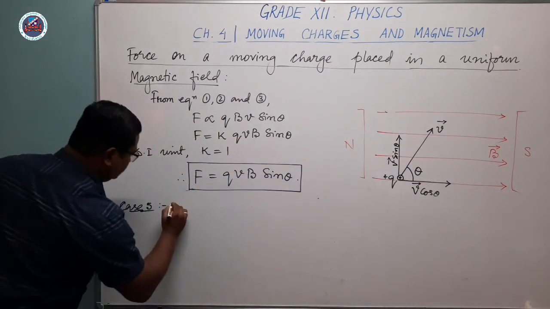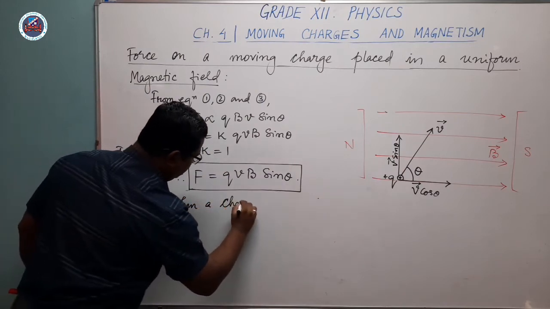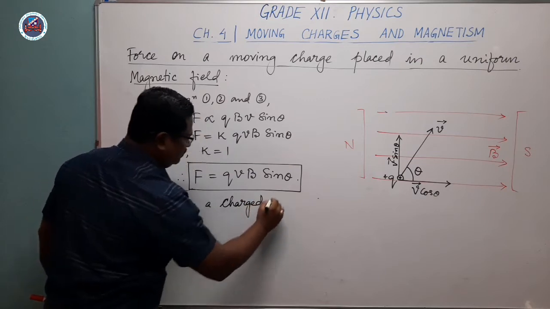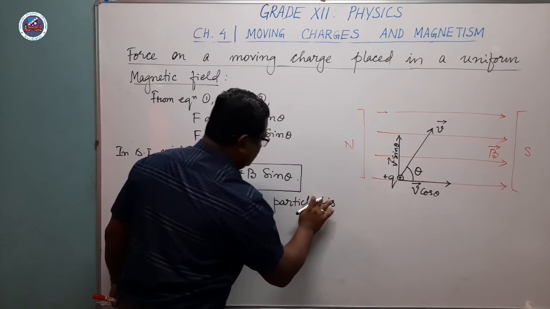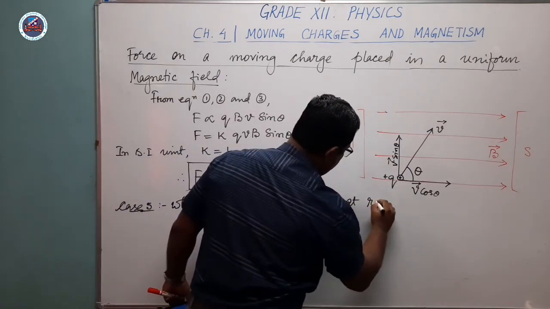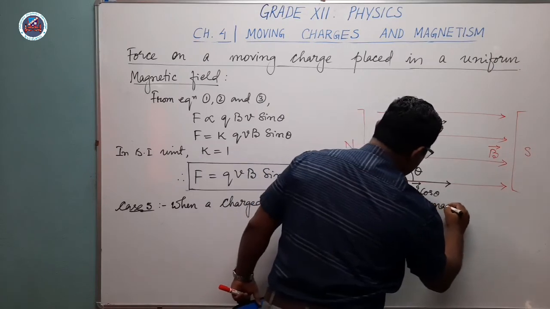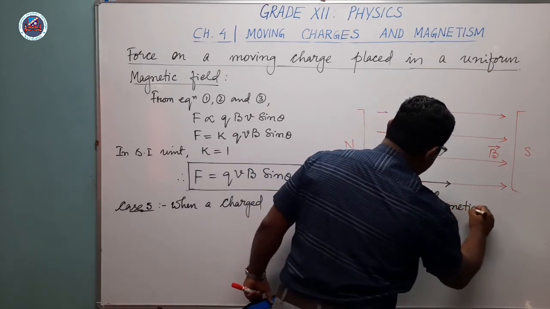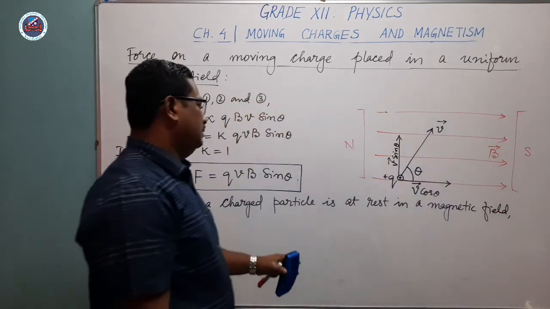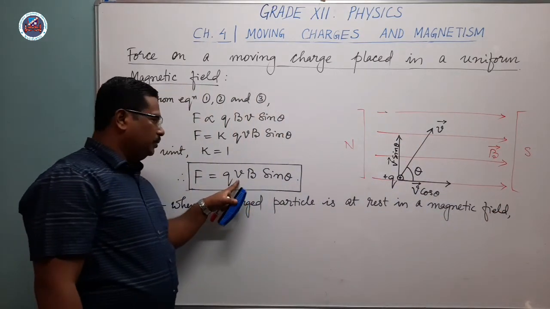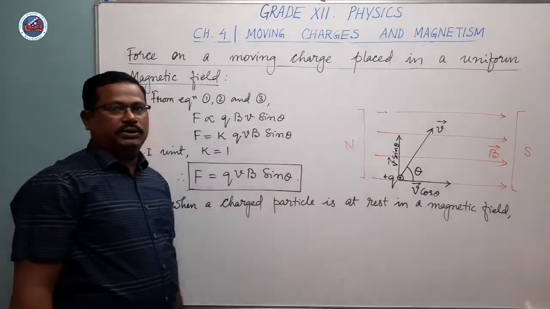When a charged particle is at rest in a magnetic field, then what will happen? The velocity is not there, then it will be 0. It is at rest. Then also the force experienced will become 0.